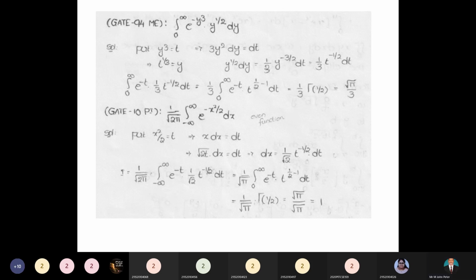By root 2 into t. So you will get 1 by root 2 pi integral minus infinity to plus infinity e power minus t, 1 by root 2 t power minus 1 by 2 dt, equal to 1 by root pi integral 0 to infinity e power minus t, t power 1 by 2 minus 1.